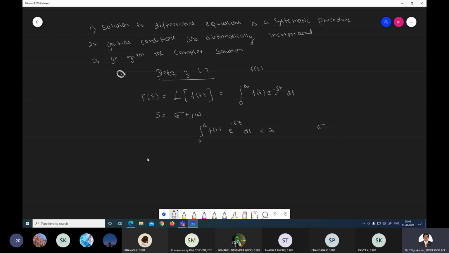The inverse Laplace transformation is represented as Laplace inverse of F of s, the reverse process.